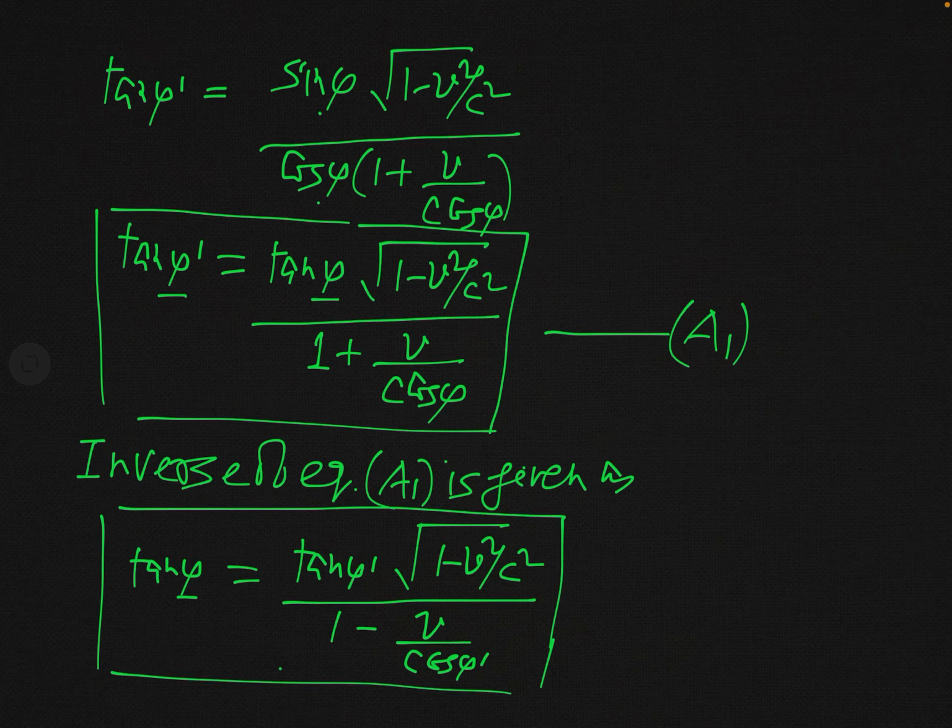You can also say that this is the relativistic formula for the aberration of light. And it is very easy to see from these two equations, either A1 or from A2, that phi prime is not equal to phi. And this is in fact aberration of light.